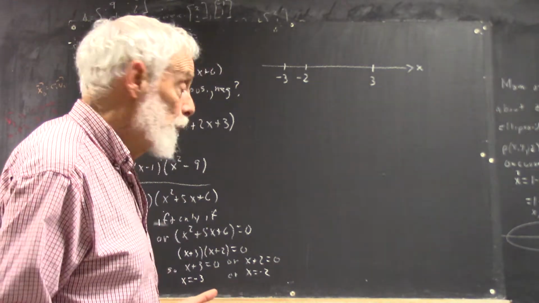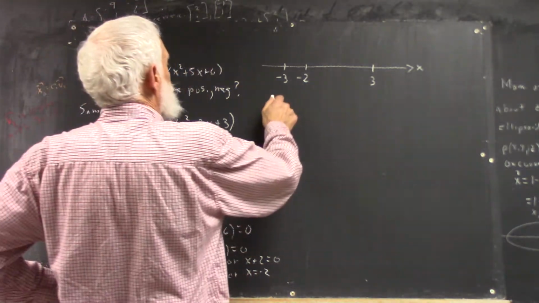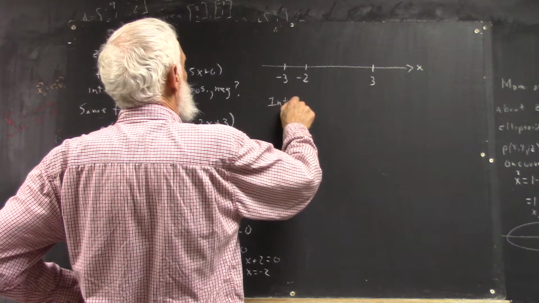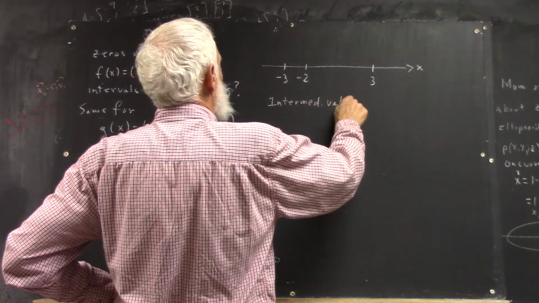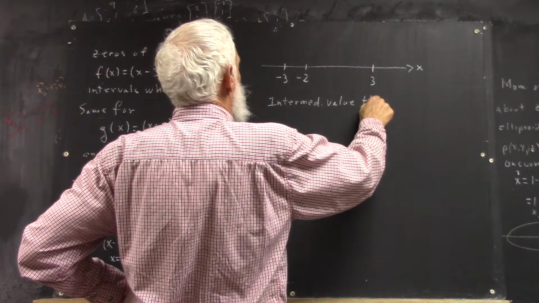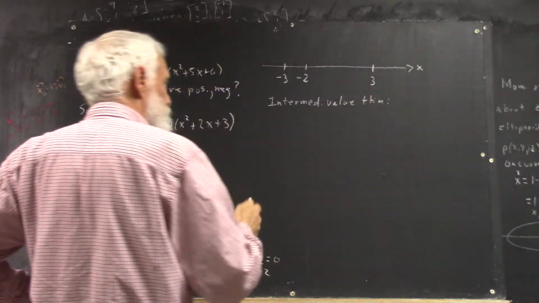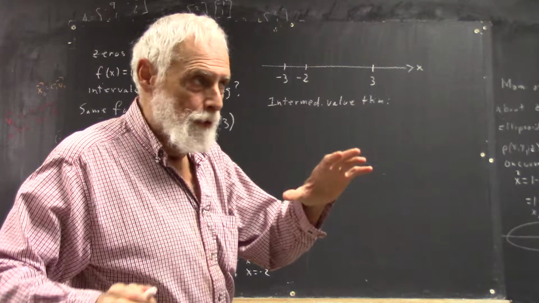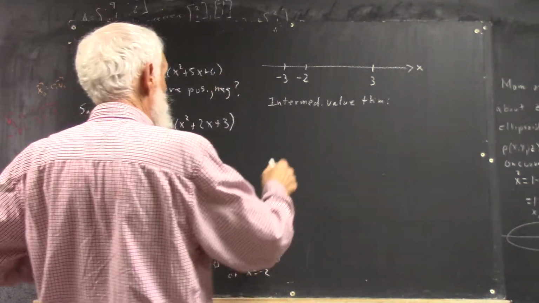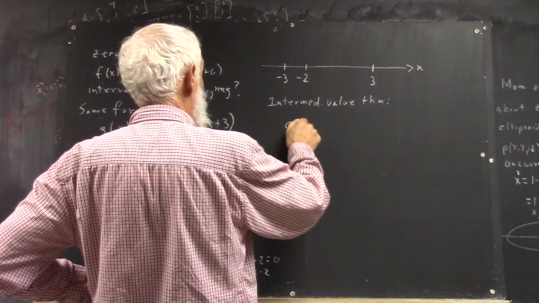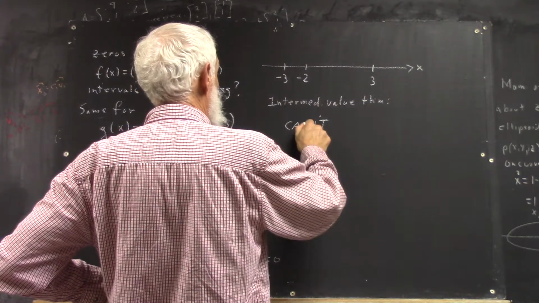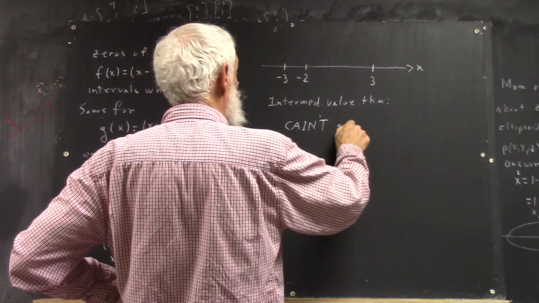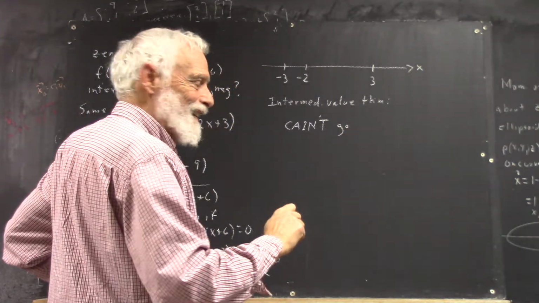The intermediate value theorem says, now I've got to go back to really formal mathematical terminology. You can't change sign without you go through 0.